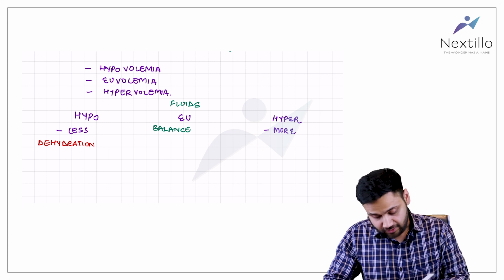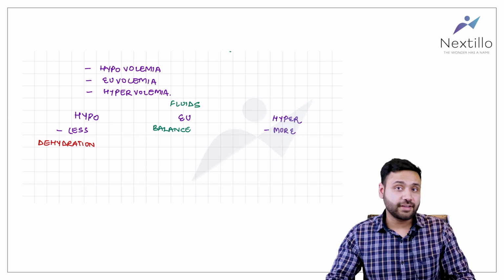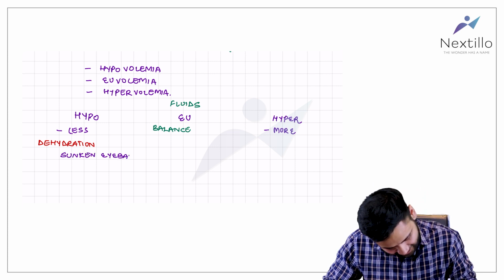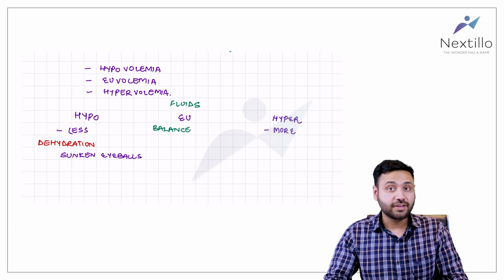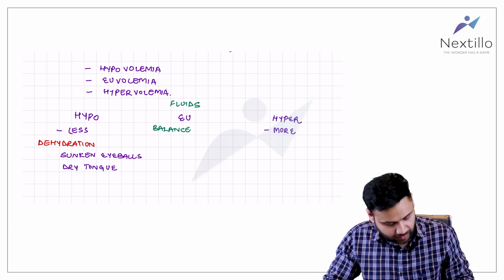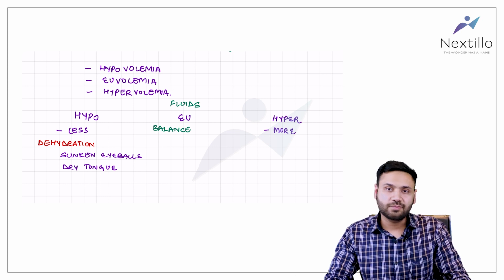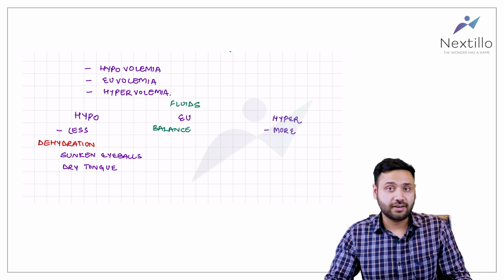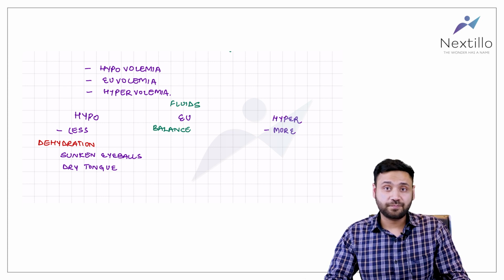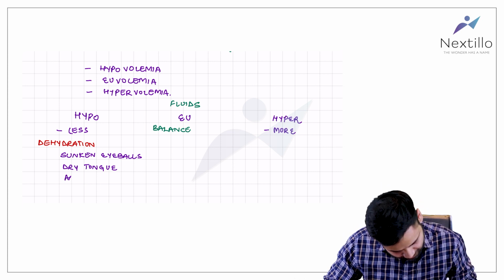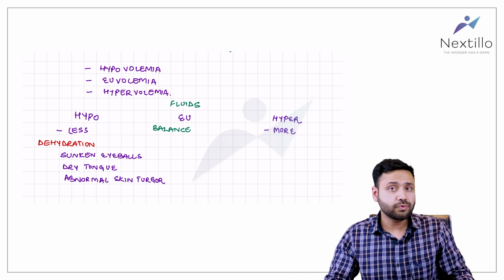Yes, the first sign you could see on the face of the patient is sunken eyeballs. And if you move towards the tongue, you would find a dry tongue. And if you move towards the arms, what would you find? You could evaluate the skin where there would be abnormal skin turgor or poor skin turgor.